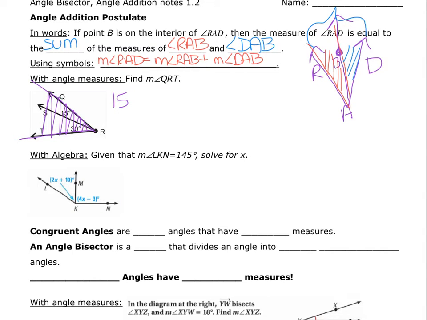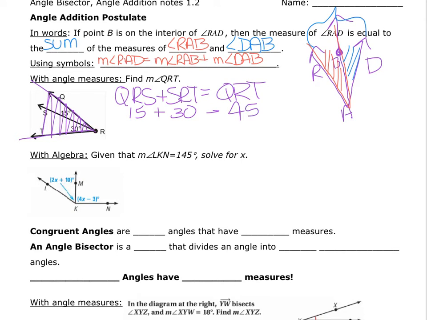And so we have a small angle QRS, and we have the other small angle as SRT. Well, together they should equal the whole entire angle. So one small angle is 15, the other one is 30. 30 plus 15 is 45, so the measure of angle QRT is 45 degrees.